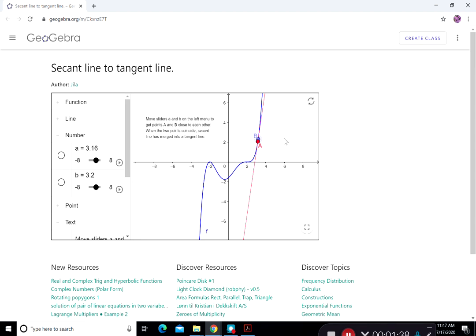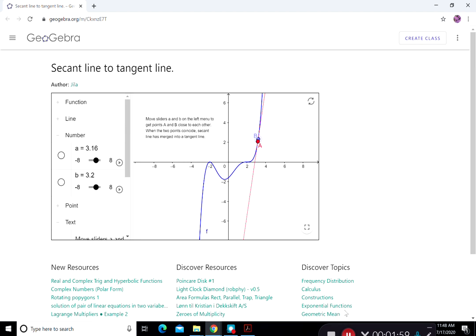The same thing is true when we're discussing the average rate of change, or our average speed. The limit of average speed becomes the instantaneous speed.